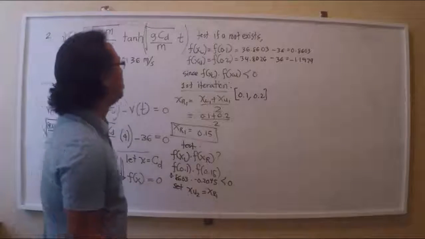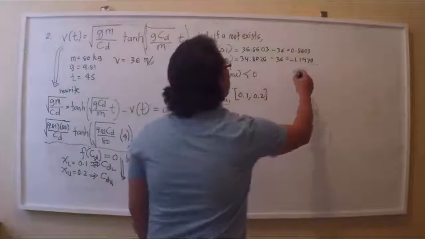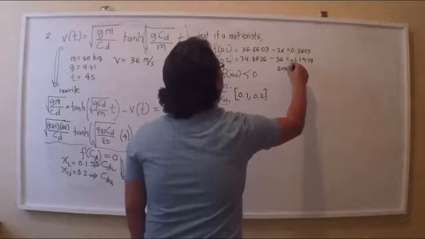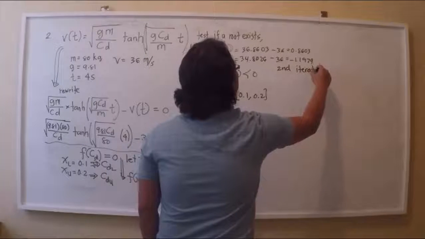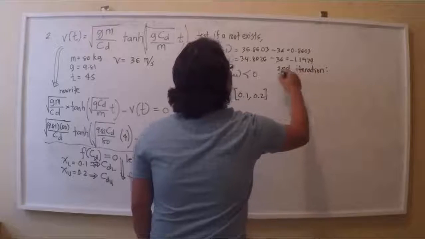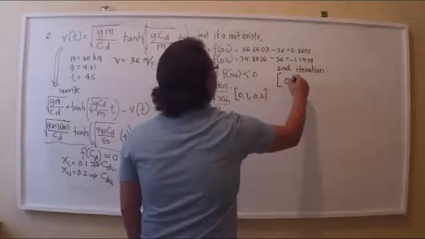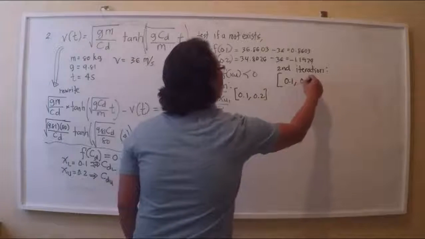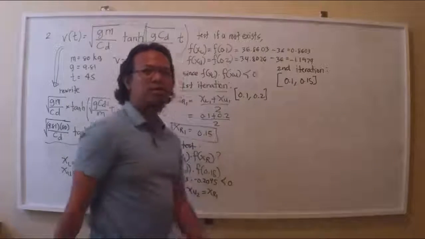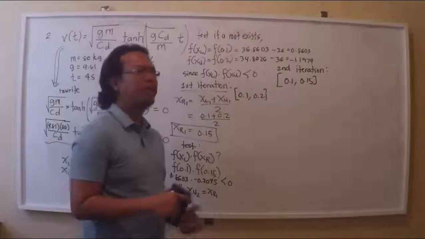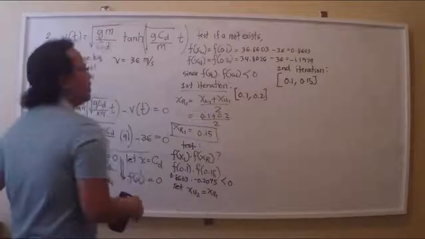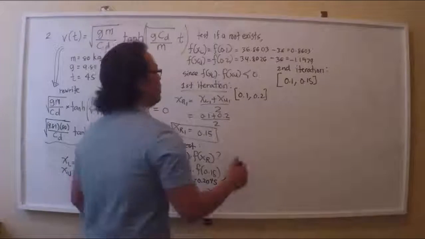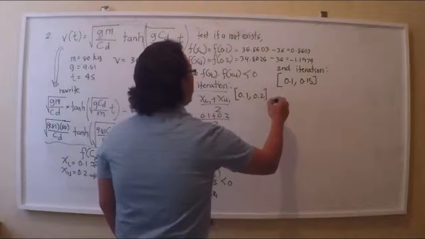And so in the second iteration, we will write here second iteration. This will be our new boundary now, 0.1, and then here is 0.15. Okay, it would be easier so that we will not be confused later. And so after that, we can write the new root. We can compute that one.